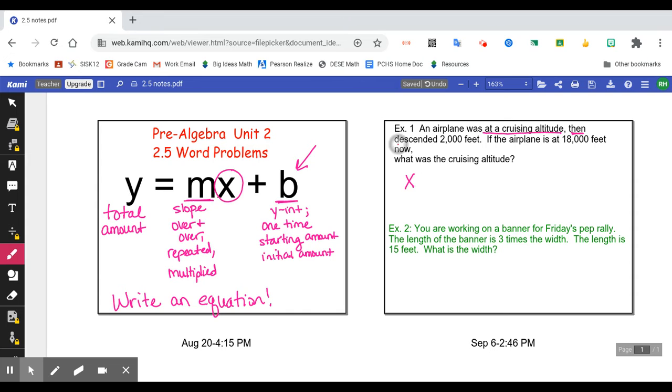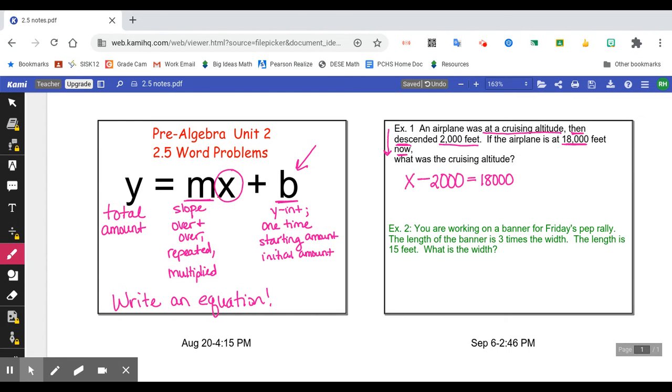Then it descended 2,000 feet. Well, descended would mean that it went down 2,000 feet. And in order to get a number smaller in math, we subtract. So I know that this has to be minus 2,000. If the airplane is at 18,000 feet now, well, if it's there now, that's our equals. 18,000 would be where it's at, okay?